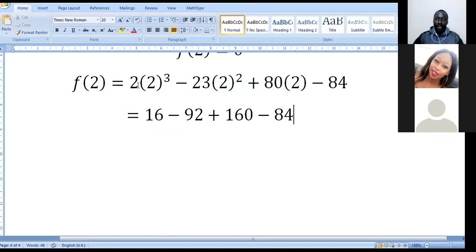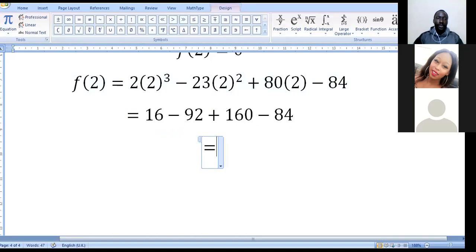So the whole thing now is 16 minus 92 plus 160 minus 84. What have you got?